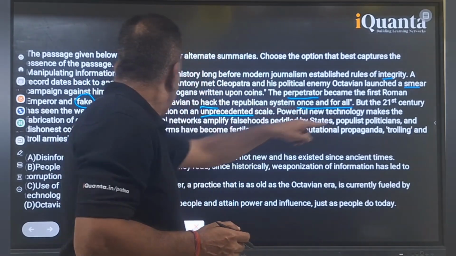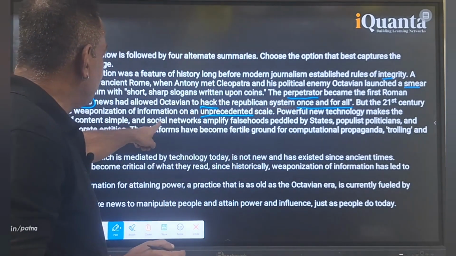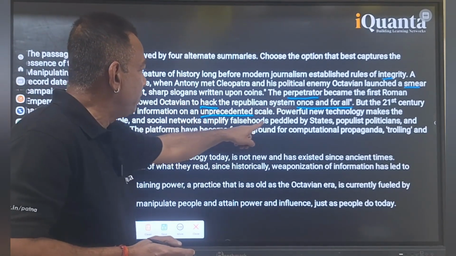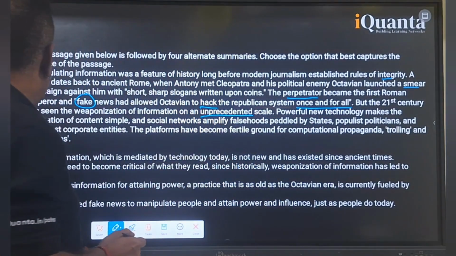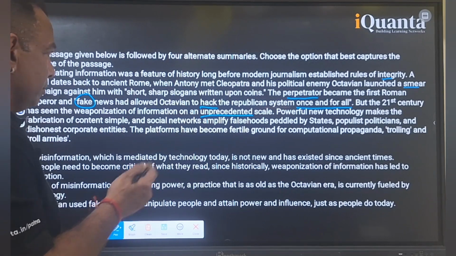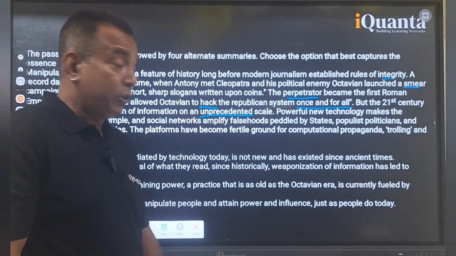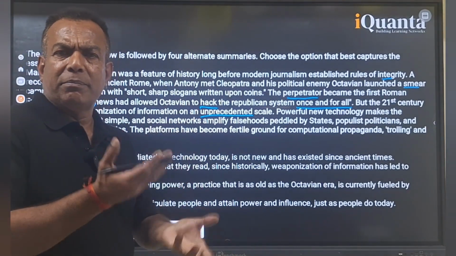Powerful new technology makes the fabrication of content simple, and social networks amplify falsehood peddled by state, populist politicians, and dishonest corporate entities. So it's saying that technology has developed so much that now we can make up content, fabricate false things.